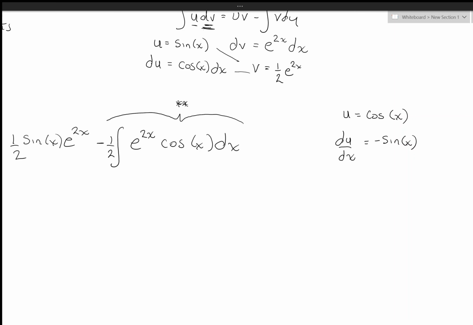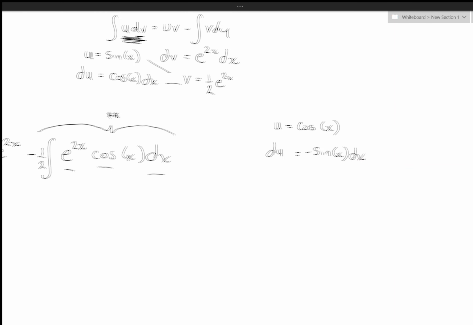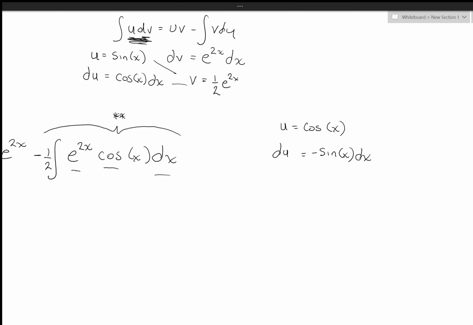If I multiply both sides by dx, I can do this. So this guy's u, and dv is e to the 2x dx, as up here from our formula. Okay, we need v du. So what is dv?